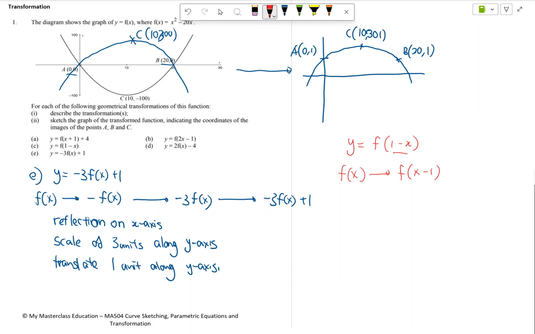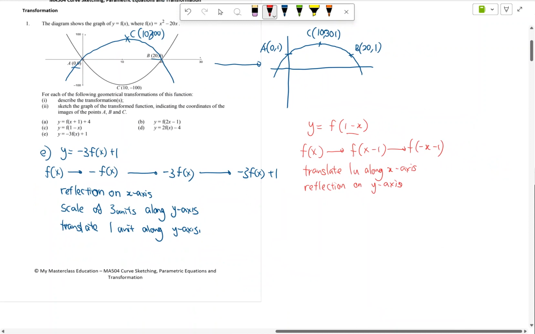If I have x - 1, then this is going to be a translation of 1 unit along the x-axis. Followed by, now I reflect, f(-x - 1). So this will be a reflection on the y-axis because I'm reflecting all the positive x values to the negative side.